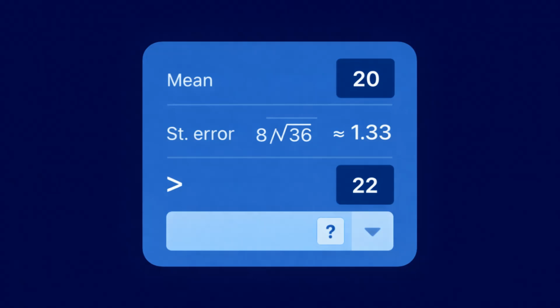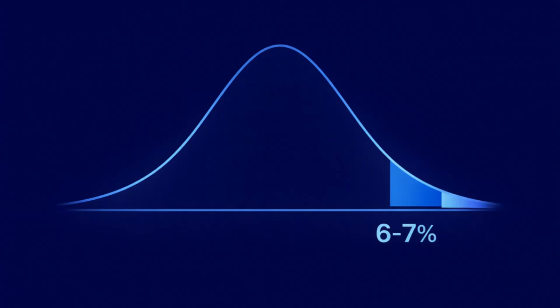Because the question asks about exceeding a value, you choose greater than and enter 22. The probability comes back at around 6 to 7%. Interpreted practically, that means that about 6 or 7 blocks out of 100 will have an average appointment time above 22 minutes. That helps the clinic decide whether to build in buffers or adjust scheduling expectations.